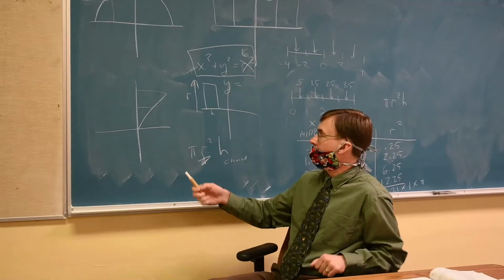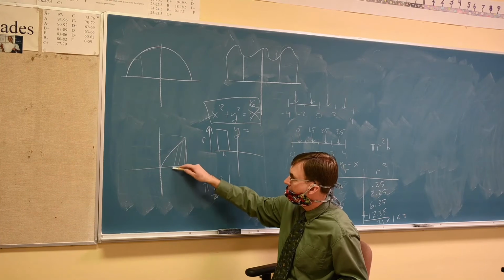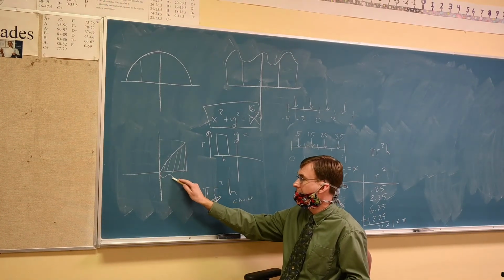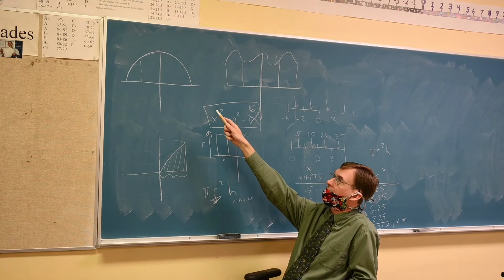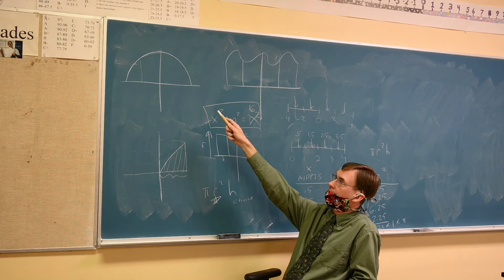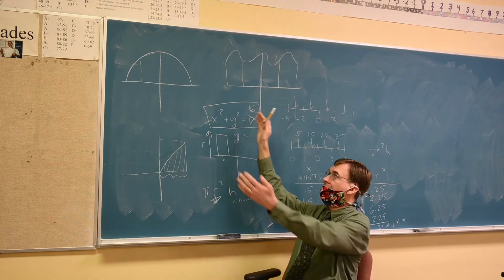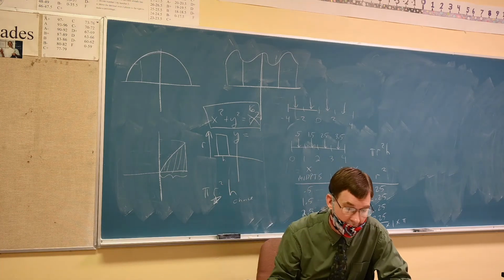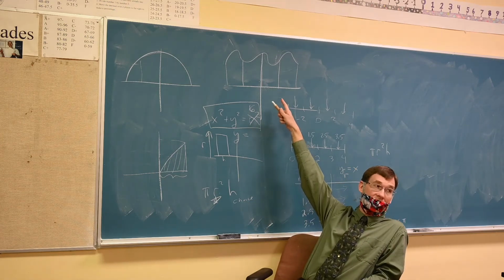Like if I were going to do the average value on this, I would do the area of a triangle from geometry divided by how long the triangle was. You know that one. I can do the area of a circle from geometry and cut it in half because it's only half of a circle, and then divide by how long it is. So geometry might be used. Or you might have to use our tricks from yesterday. If the graph looked like this, you'd have to use the trick from yesterday.